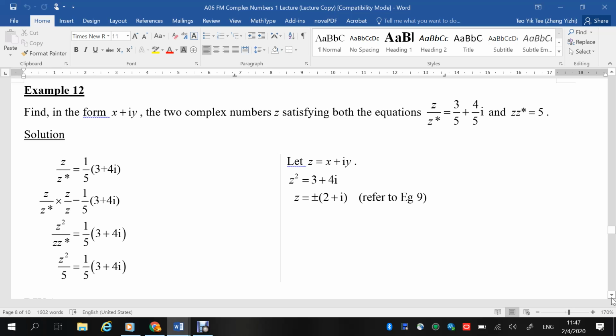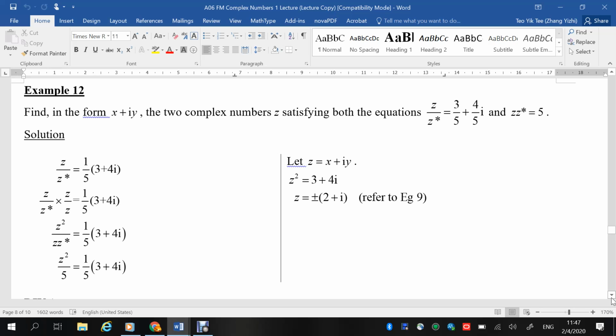This is basically just to tell you that you can always solve it by hand. But based on the setting of the question, did they restrict the use of a calculator? Never. So you can just say this is the square root of 3 plus 4i, press calculator, game over. I don't need to go through that. So you must always be very aware and alert to the setting of the question. Don't waste time doing unnecessary stuff if the question does not restrict the use of the calculator.